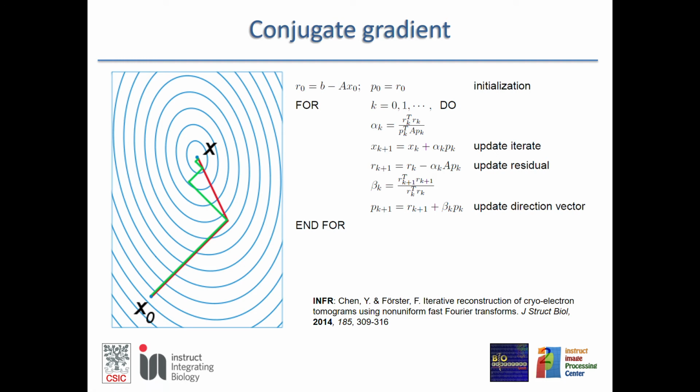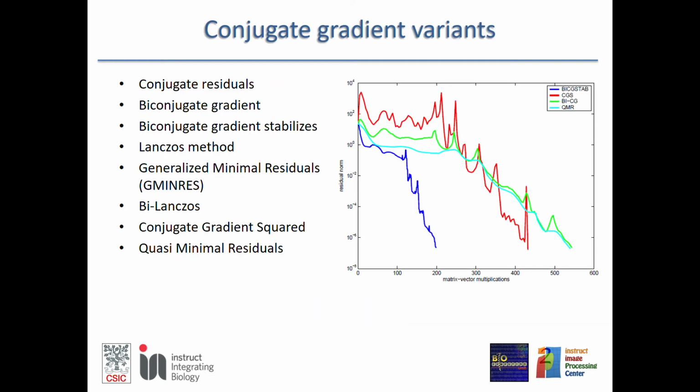It was actually proposed for electron tomography, but I think it was performed in Fourier space, not in real space. The problem formulation is similar, only now you are working with Fourier coefficients rather than with real space coefficients. And again, all these families are very active, and you have many different variants, and some of them are more known than others.